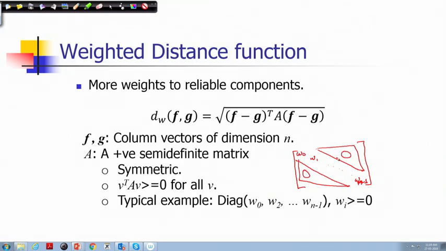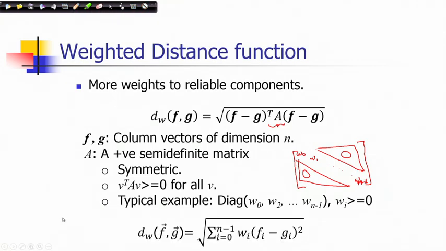If I use this diagonal matrix in this expression, it boils down to this form, which means that the difference of every ith component is weighted by Wi, where the weights are all greater than or equal to 0. That means the weights are all non-negative.